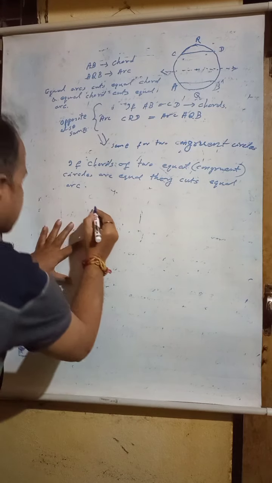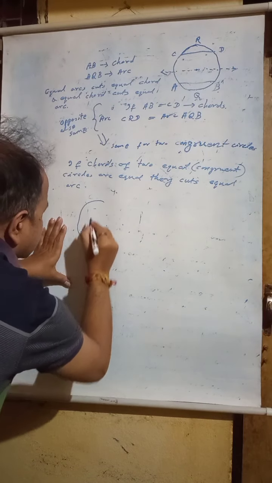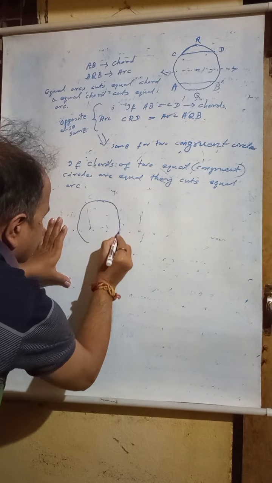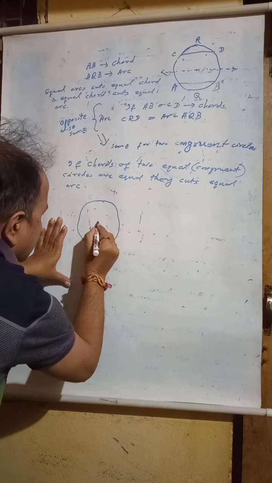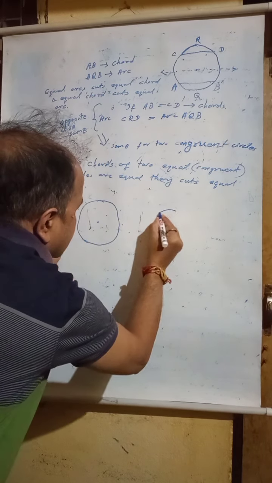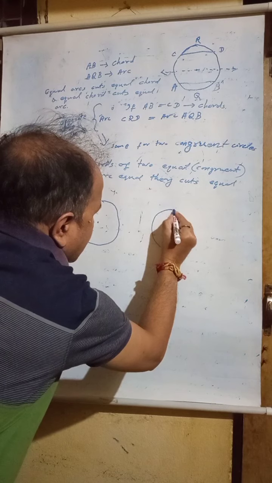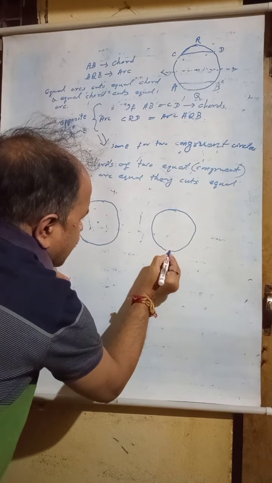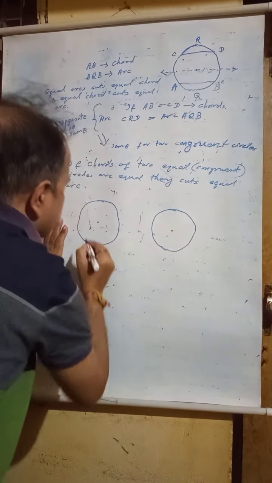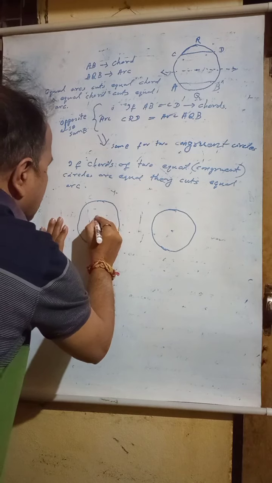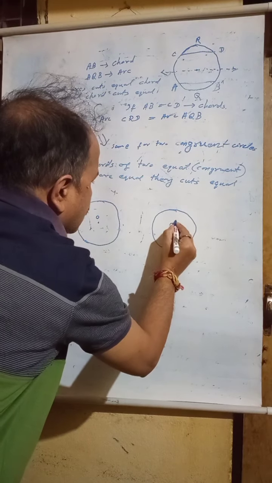Congruent circles. So draw two circles of equal radius, with centers O and O dash.